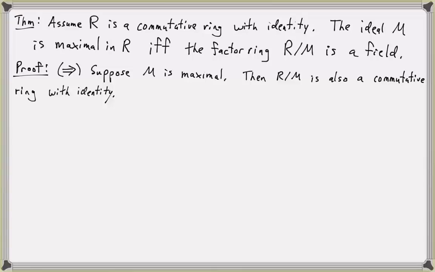So now let's look at an element s, which is in R minus M. So it's an element of the ring R that's not in the ideal M. So we're going to look at the coset s plus M and show that s plus M has a multiplicative inverse.